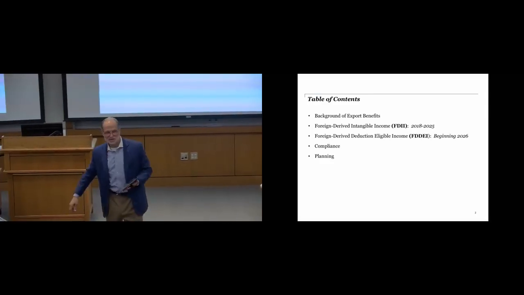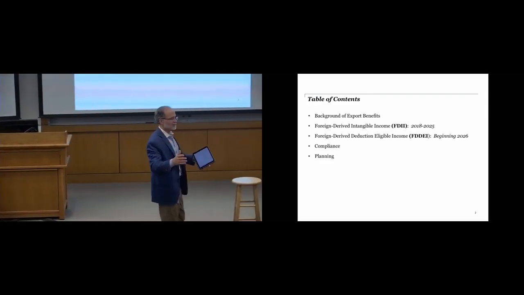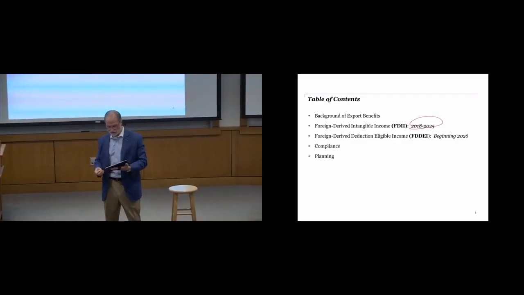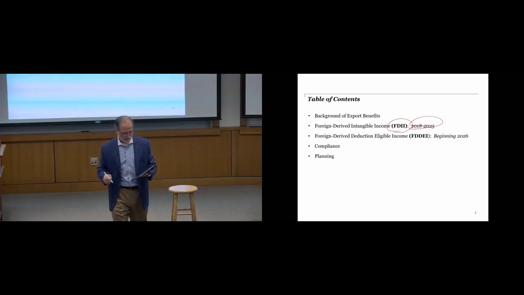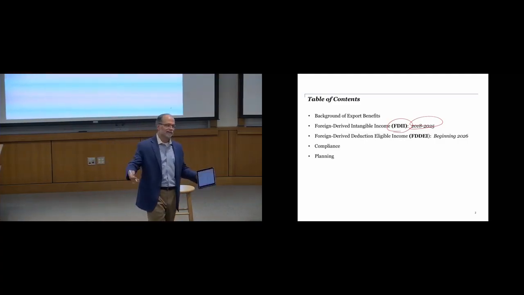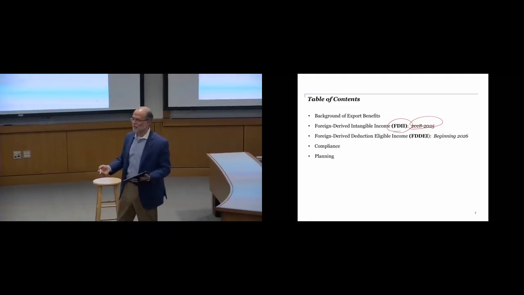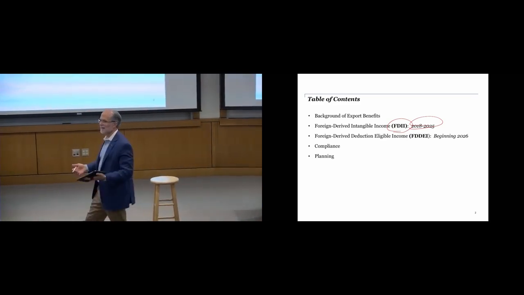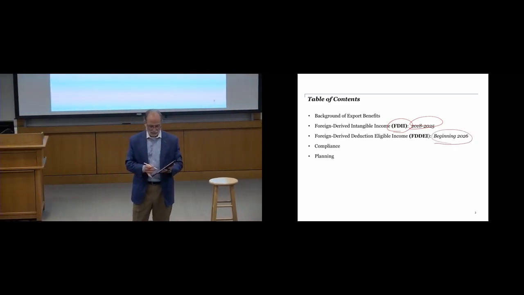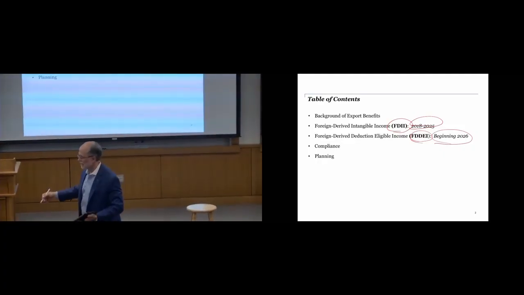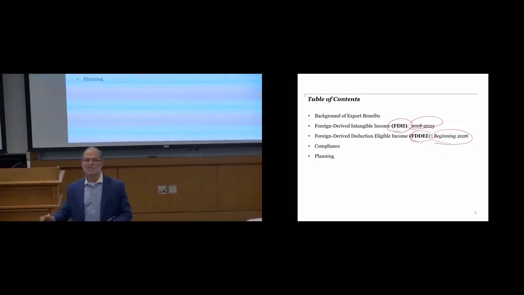So we have a 2018 to 2025 regime called FDII. Some people call it FDII. It never really took hold as FDII. And then we made changes in the One Big Beautiful Bill Act, which is FDDEI. This is alphabet soup.